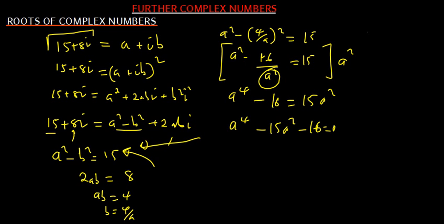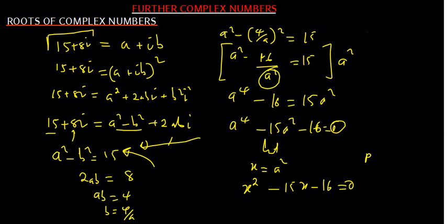It might be cumbersome to solve something that is raised to the power 4, so let me just say let x represent a to the power 2. We know that a to the power 4 can also be written as (a to the power 2) squared. So that will give us x squared minus 15x minus 16 is equal to 0.